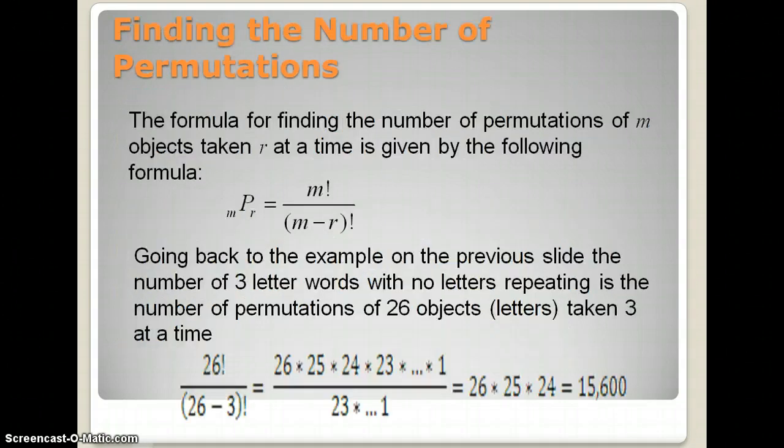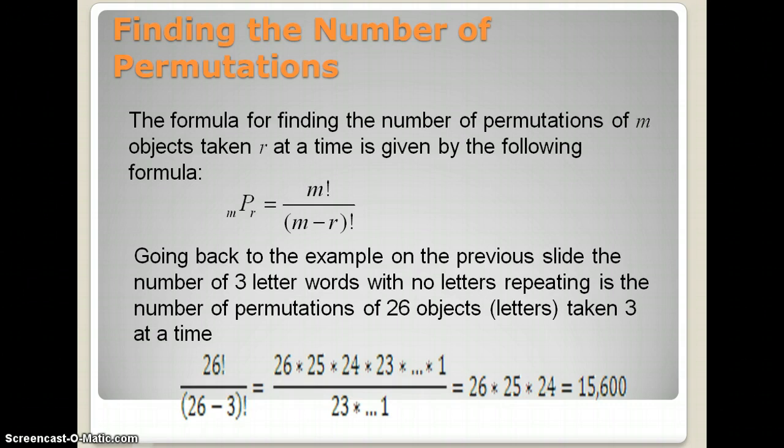Well, let's look at a permutation for a second. If we think of permutation, when we know the order matters, well, now we're going to pick, there's 26 letters we can pick from, and I want to pick 3 of them. So all I'm going to do is my M value in this case is 26, it's my total. The R is the amount that I want to select, so that would be 3. And you look down the bottom of the page, there's my setup.